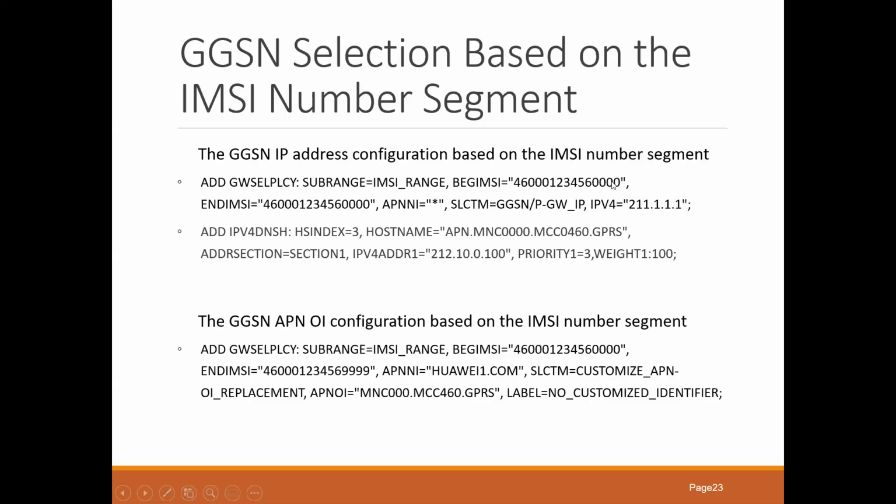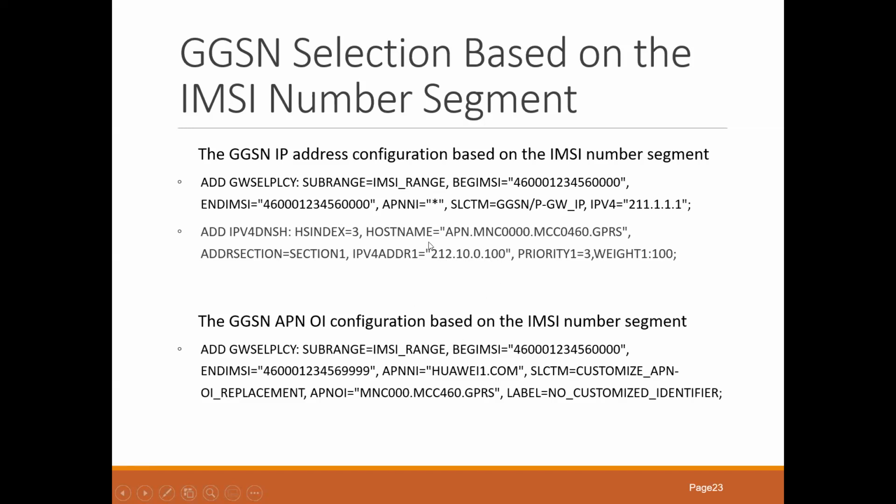So the begin IMSI and the end IMSI are the same, which means that a single IMSI bearing any APN will be routed to this GGSN, and all the rest of the IMSIs except this one are going to be routed towards this GGSN IP address.